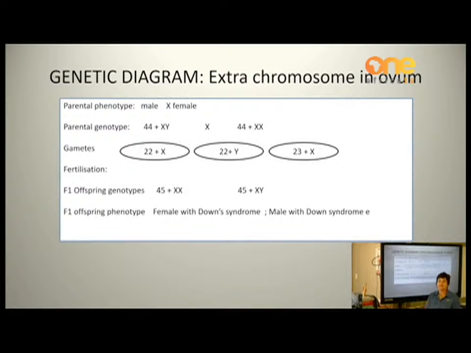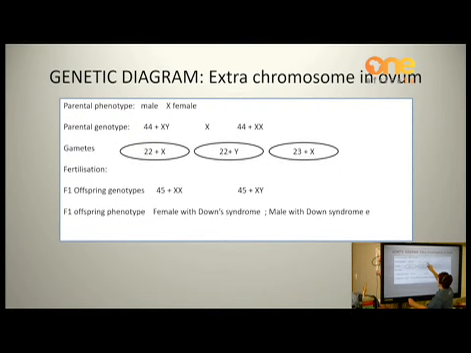What happens is during meiosis, we have the separation, and then they form two gametes. Actually, during meiosis, they form 4 haploid cells. But during this formation, the pair do not split. And where the male has 44 plus the X and the Y chromosome in its genotype, and the female 44 plus XX.